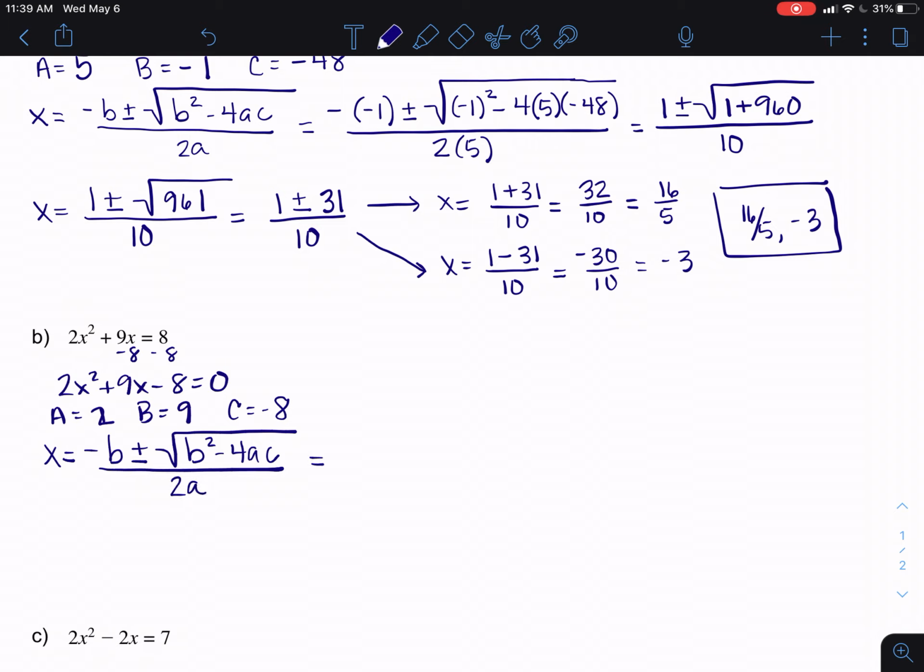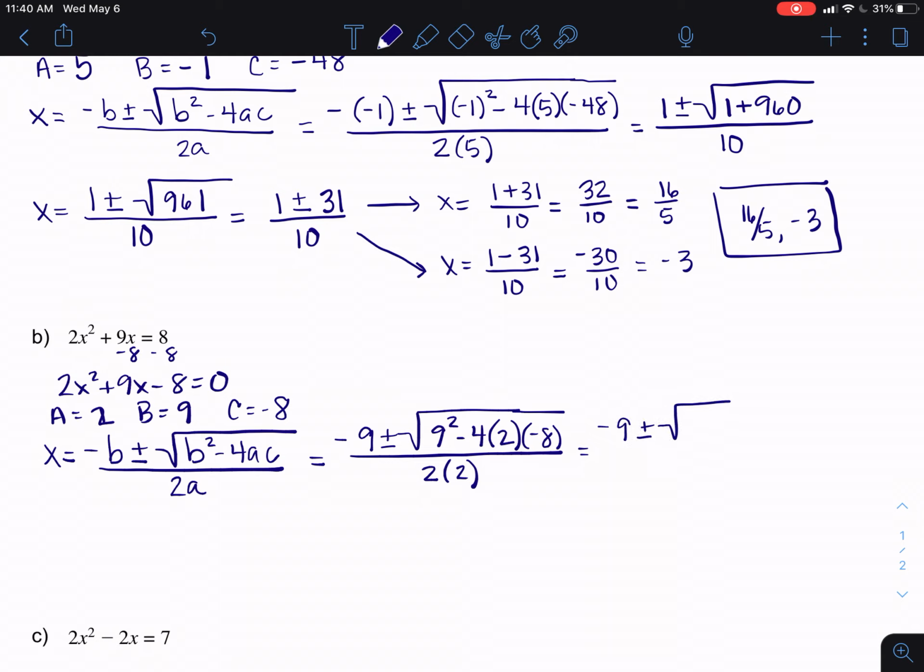So plugging in, we have negative b, which is 9, plus or minus the square root of b squared, so 9 squared, minus 4 times a, which is 2, times c, which is negative 8, all over 2 times a, which is 2.